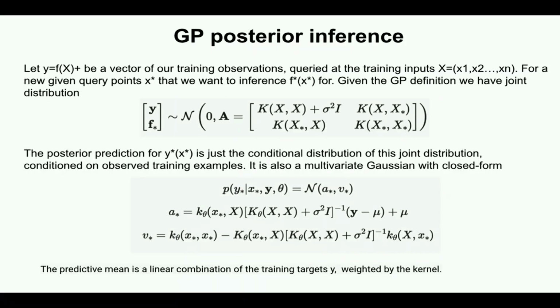You subtract the difference between the training data you observe and the prior model you assume, and you weight this by some distance, which is the kernel function you define over the space. So it's kind of like a weighted mean, or sort of like k-nearest neighbor with some soft weighting. That's what the mean part is doing, and the covariance is also making use of the joint Gaussian process assumption of the model.